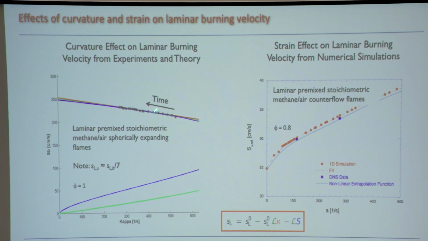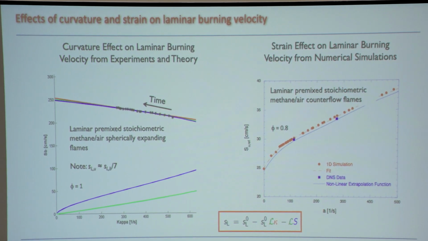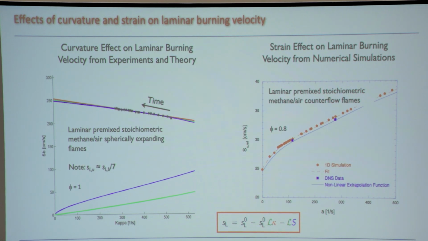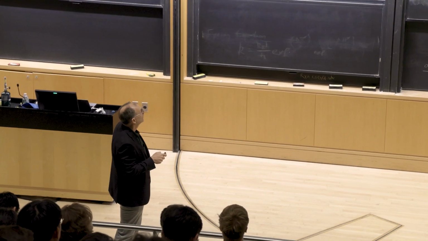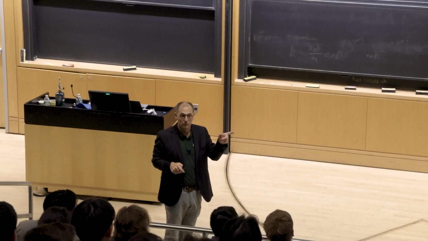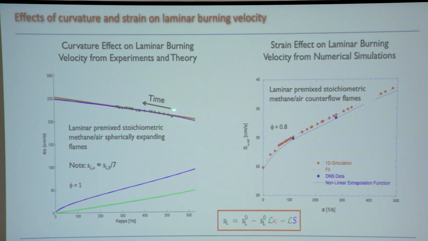But the symbols here show the experiment. The ignition happens because of the spark, and just after ignition, the curvature is very high. So this is the point just after ignition.